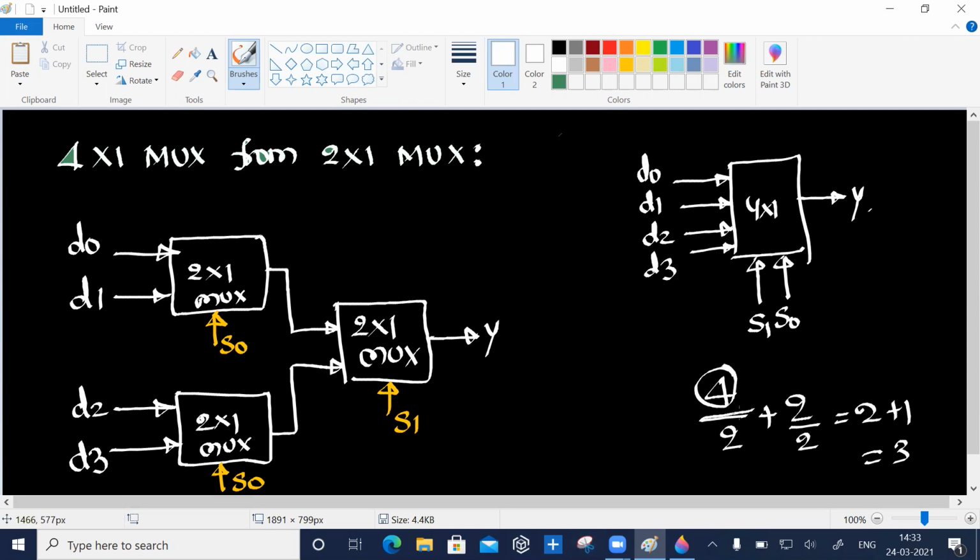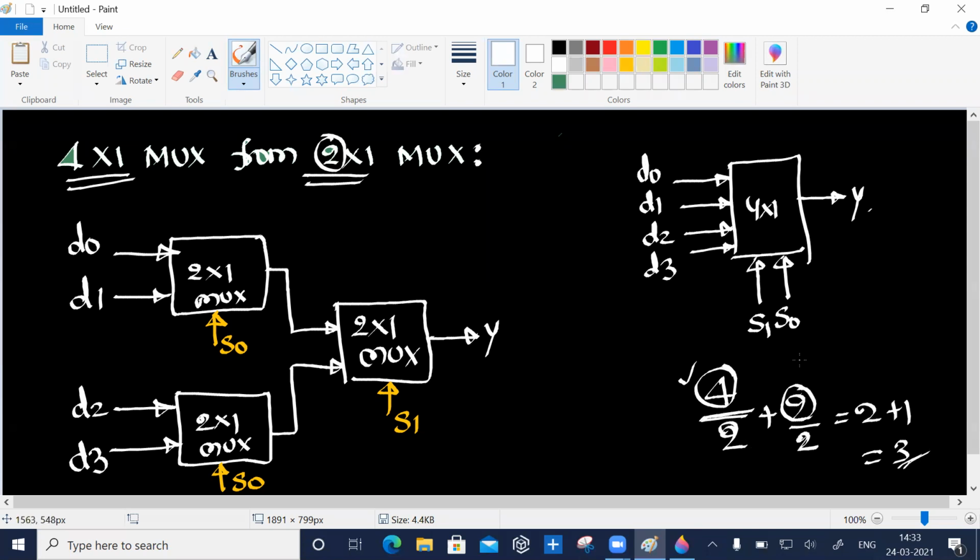You divide by 2 because he is asking to realize a 4 by 1 mux from 2 by 1 muxes. Dividend is 4, divisor is 2. So 4 by 2 you do, you will get 2, again divide by 2. So 4 by 2 plus 2 by 2 is 2 plus 1, 3. So you require 3 2 by 1 muxes to construct a 4 by 1 mux.